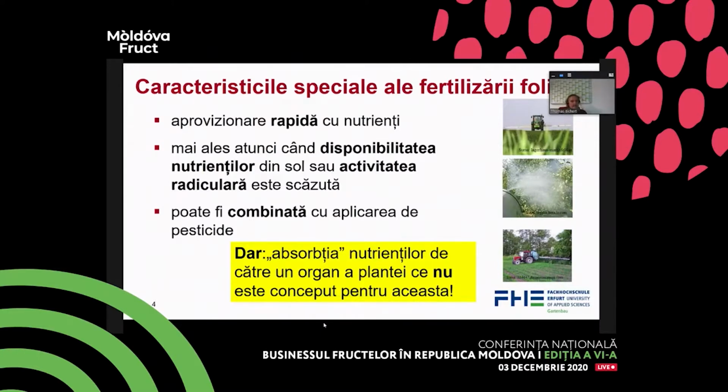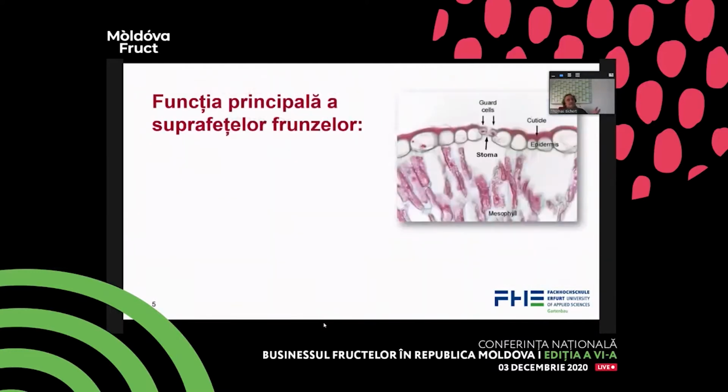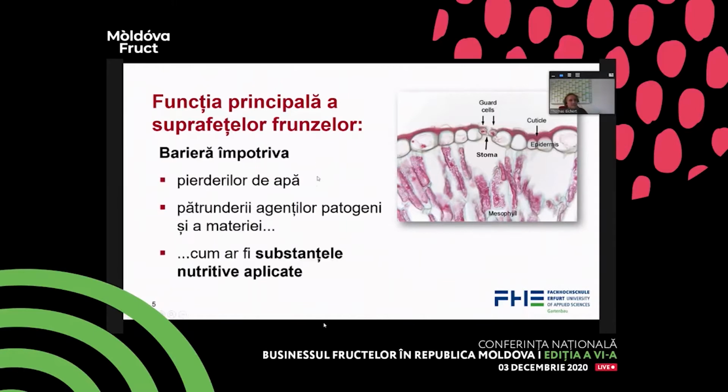but we must be aware that the uptake takes place by an organ of the plant which is not designed for it. The organ which is thought to absorb the nutrients and the water are the roots, and this poses some difficulties. The main function of the leaf surface is, on the opposite, to protect the plant. There's a barrier. We have the cuticle on the right-hand side, which is a sort of water repellent skin, and this reduces water losses.